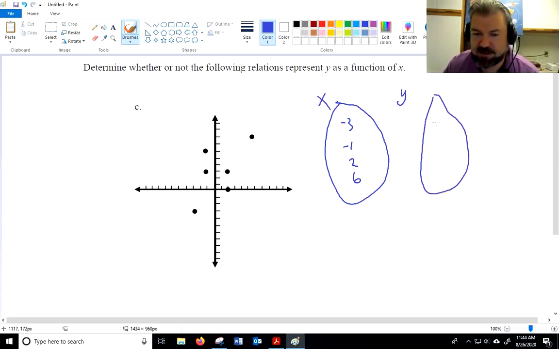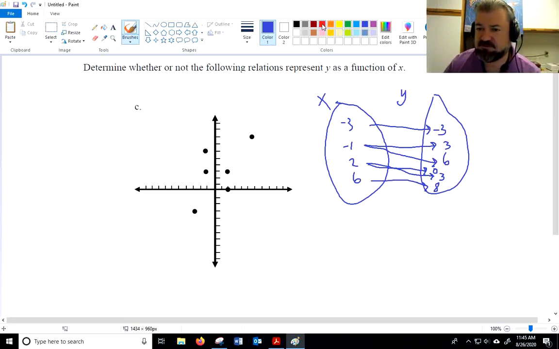Well, negative 3 is going to negative 3. Negative 1 is going to 3, but also to 6. 2 is being mapped to 0, but also to 3. And then 6 is being mapped to, I think that's an 8 over there.